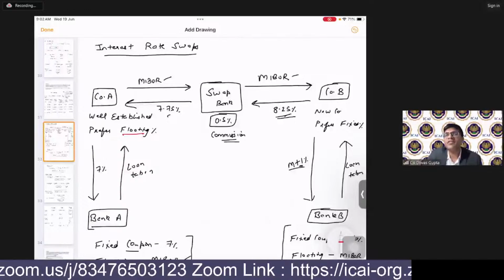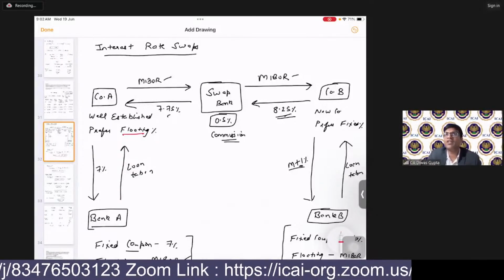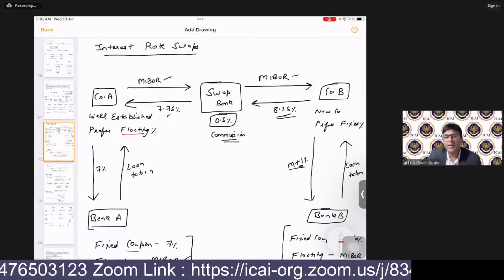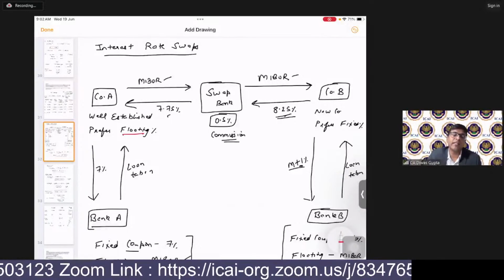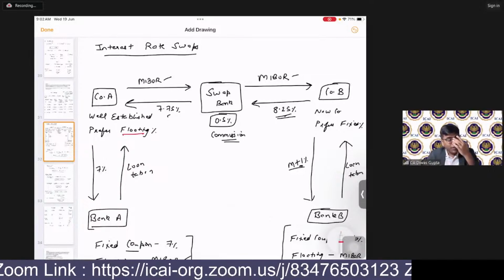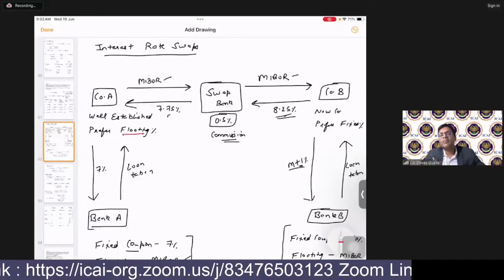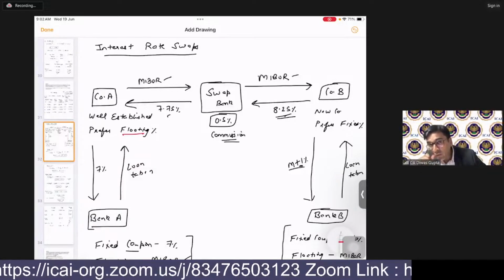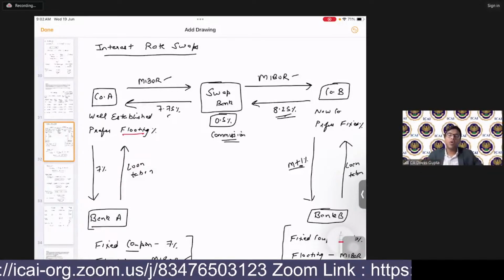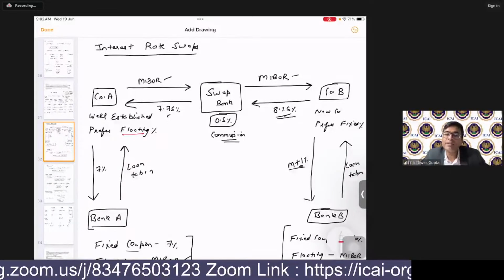See, ultimately, once any borrowing happens, there are two ways in which a rate of interest can be entered into, either in the form of a floating rate or in the form of a fixed rate, right? Generally, the long-term financing happens on a floating rate. Let's say I'm talking about a 15 years or 20 years home loan, where the bank will not commit itself to a fixed rate.